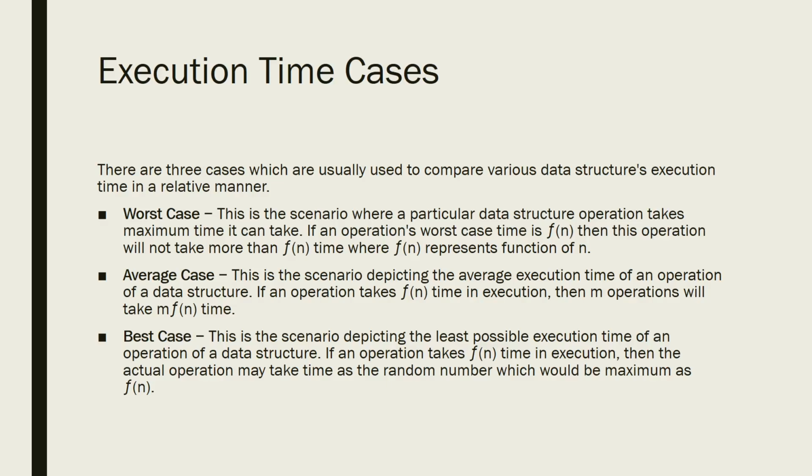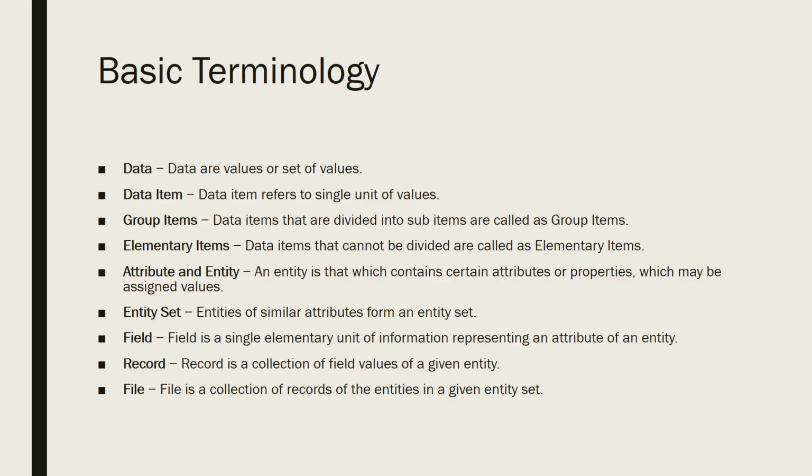These are the basic terminologies of data structures. We have data, data item, group items, elementary items, attribute and entity, entity set, field, record, and file. Most of these terms are somehow familiar to you.